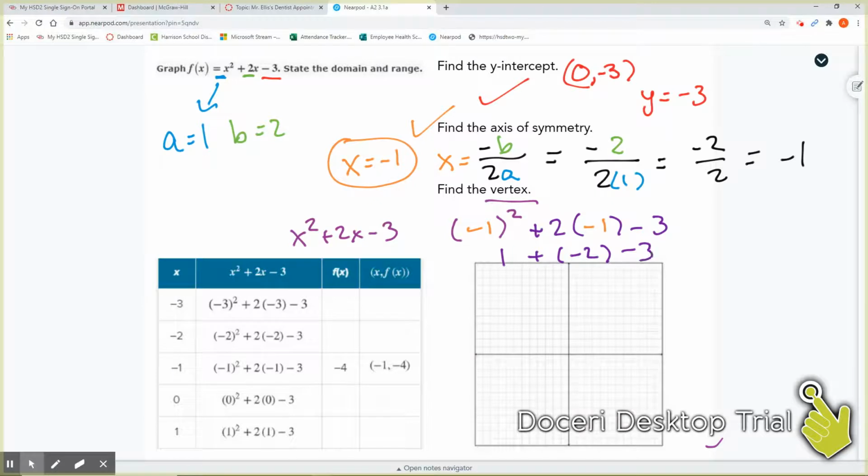Minus 3. 1 plus -2 is -1. -1 minus 3 is -4. So that tells me my vertex is at the coordinate (-1, -4), because -1 was my axis of symmetry, and when I plugged it in, the answer I got out was -4. So here is my vertex.